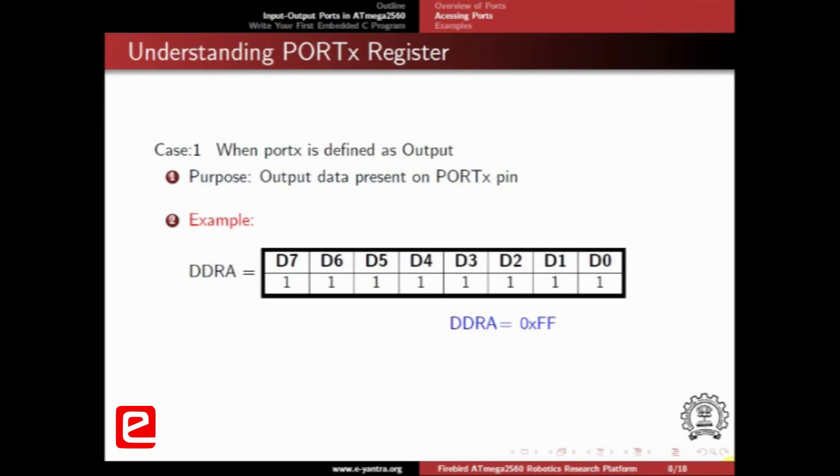In this case, if we assign the value as PORTA is equals to 0xFF, which means the logic high to the device connected to port A. Now suppose if the device is LED, then the LED will glow on the logic high. Similarly, if PORTA is written as 0x00, LEDs will turn off.